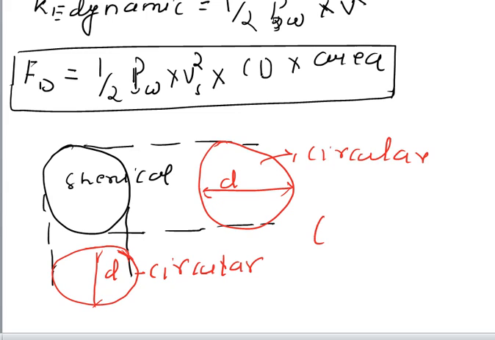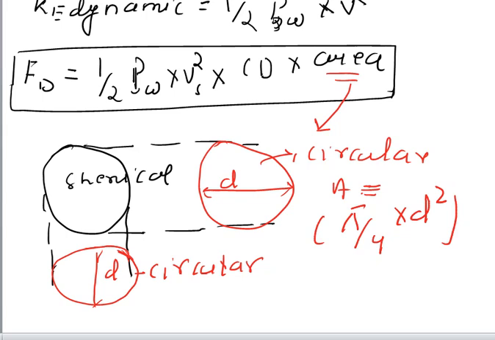So what is this area? Pi by 4 times D square equals the area. This is the area we are going to use, because the drag Fd is acting over this area only.